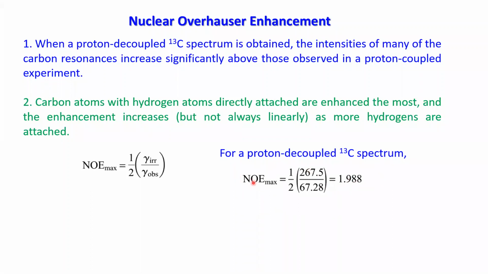So the nuclear Overhauser enhancement of the peak will be twice that of the situation without decoupling, that is, with just the proton coupled experiment. Since the proton is influencing the peak height of the carbon, if the number of protons increases, the peak height will definitely be more, and we have seen that in the spectrum.